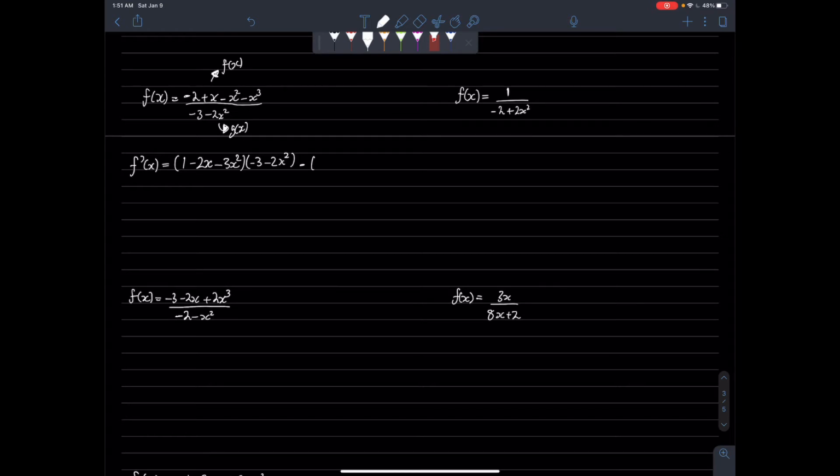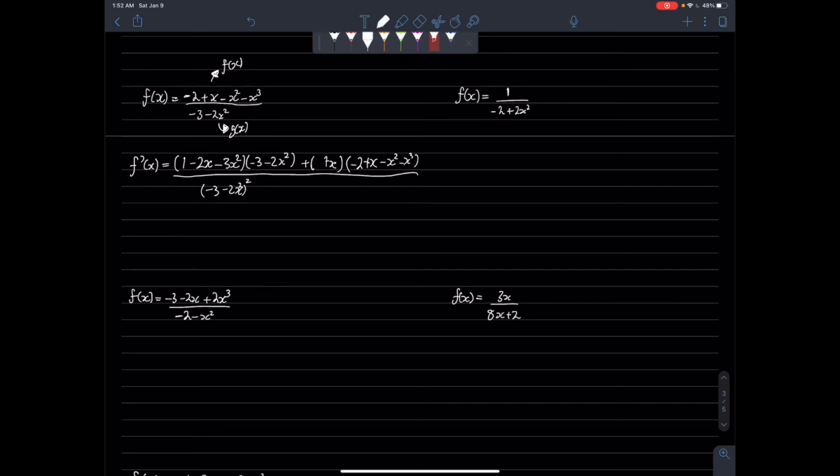Now the derivative of the bottom is going to be 0, -2 is just going to turn into -4x, right, times the entire top. So you can already see how it could get messy very quickly, right? Then put it all over -3 minus 2x squared, squared, right? Cancel out these negatives just to make it nicer.